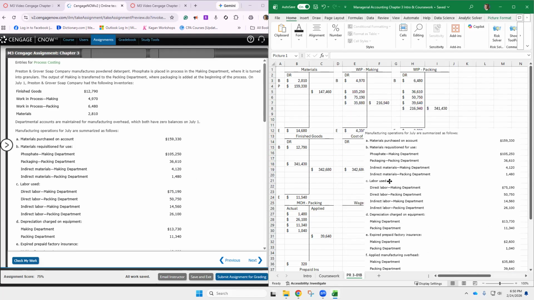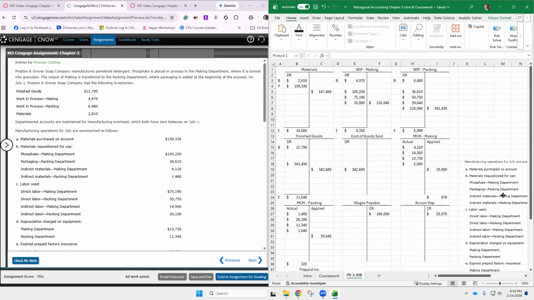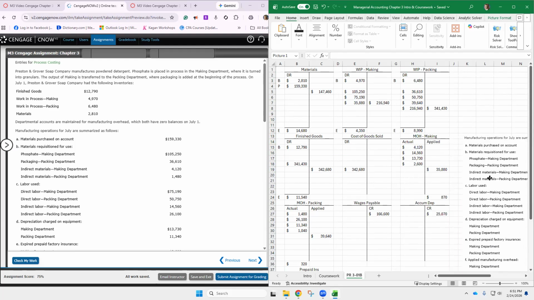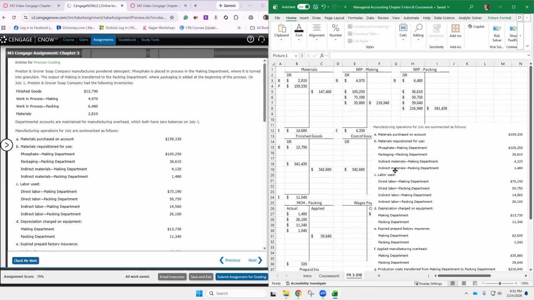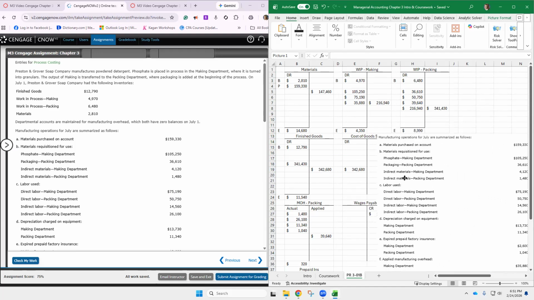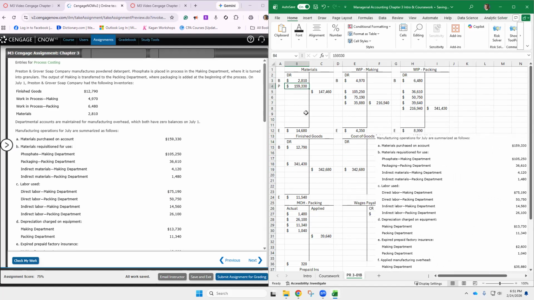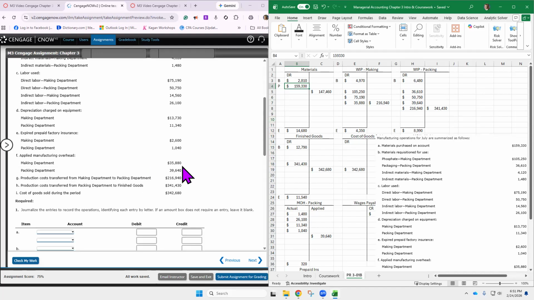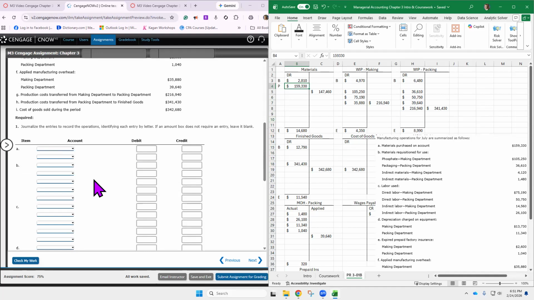So I've got a materials account and I have an accounts payable account. I guess I don't have an accounts payable, that's fine, but you know it has to. So up goes purchases for $159,330. So here comes the journal entry.